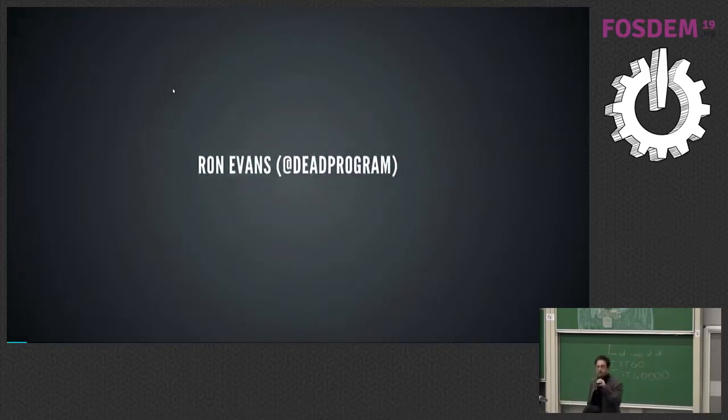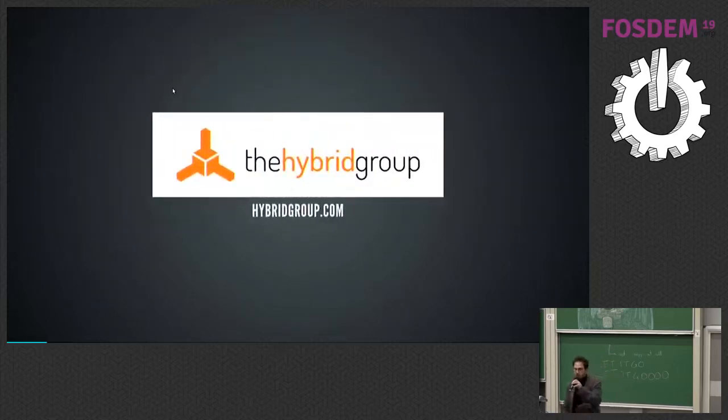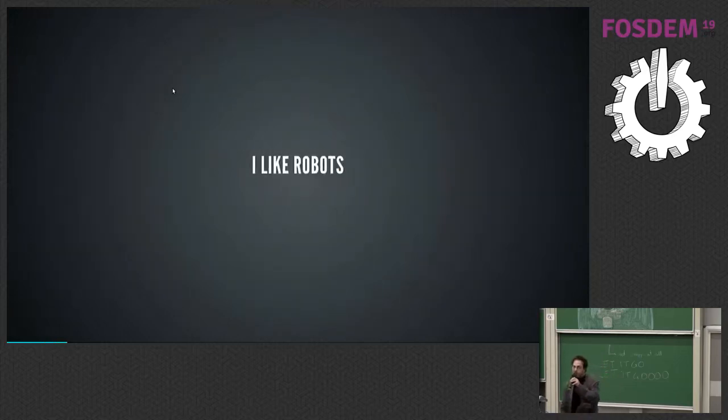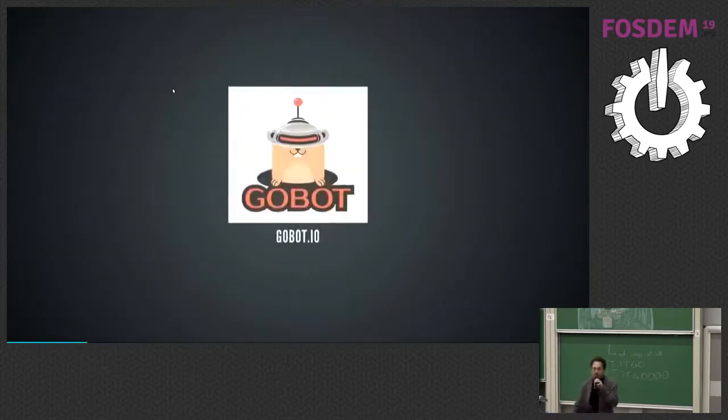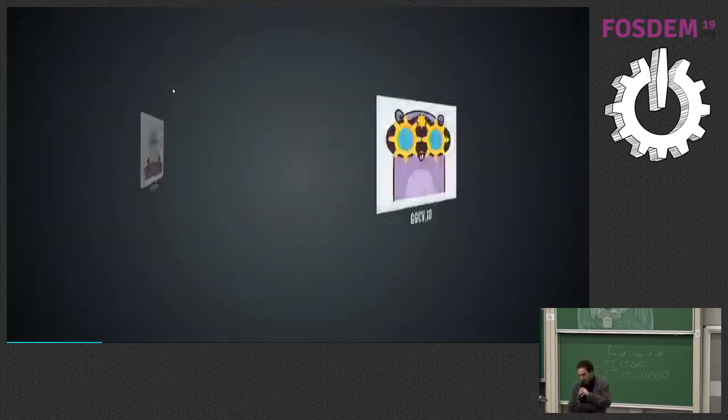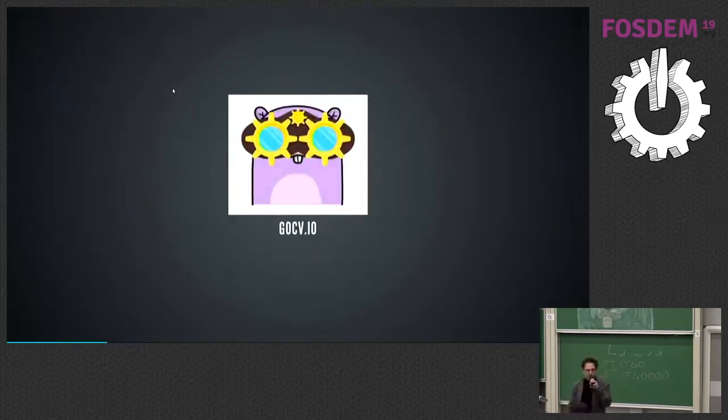All right, so I am Dead Program, Ron Evans in the real world, Dead Program on all the internets. I run a small consultancy called the Hybrid Group. We do software for hardware companies, and I really like robots. But you probably know that. You may have seen me talk about GoBot, which is Go programming for middleware for robotics, or GoCV, which is computer vision in Go using OpenCV.